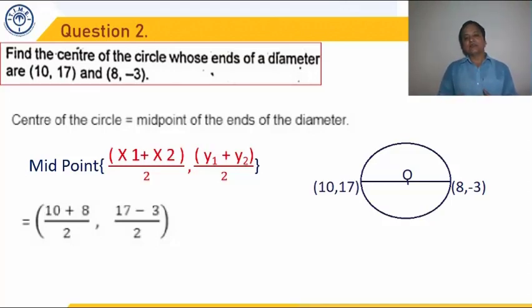In this case the ratio is 1:1 because the center is the midpoint of the diameter and the endpoints of the diameter are given. So 10 plus 8 is 18, 18 by 2 becomes 9, and 17 minus 3 is 14, 14 by 2 becomes 7. So we use the extension of the section formula in which the ratio is 1:1. It's the midpoint formula.